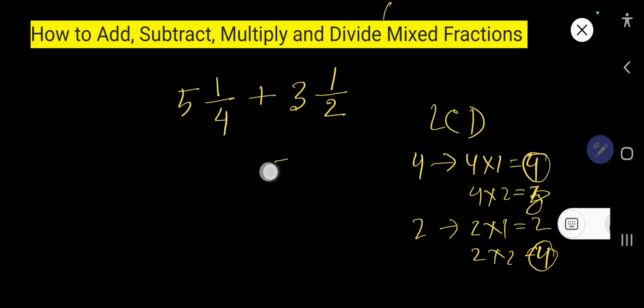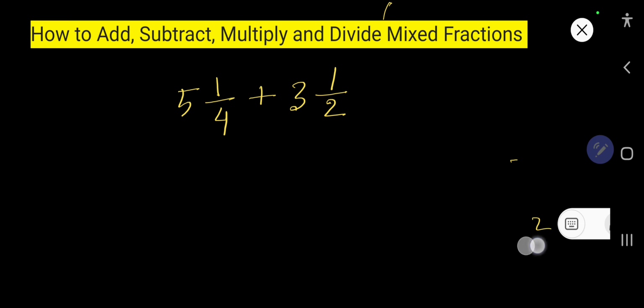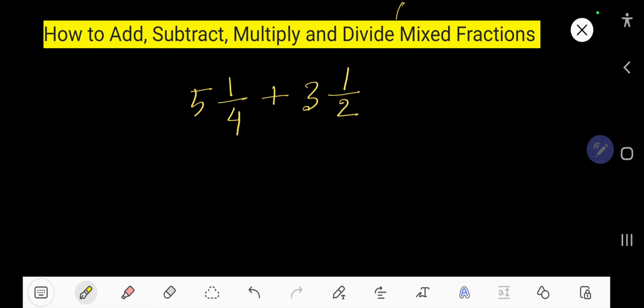Okay, now let me show you the third method. In our third method, we would like to convert this mixed number to improper fraction, right? So that is why you need to multiply denominator times whole number, then you need to add the numerator.